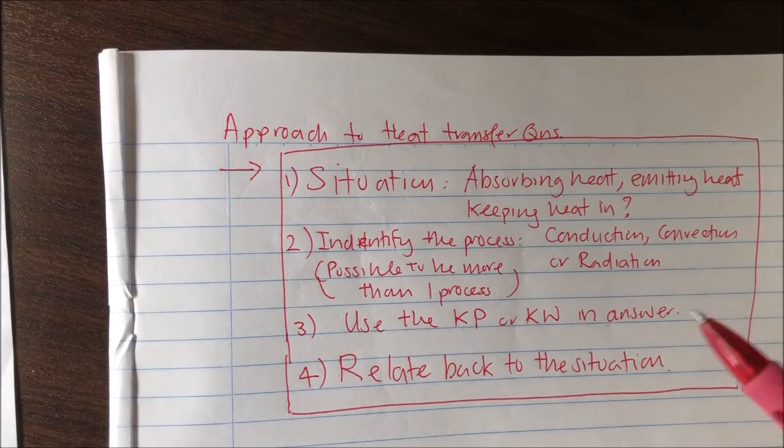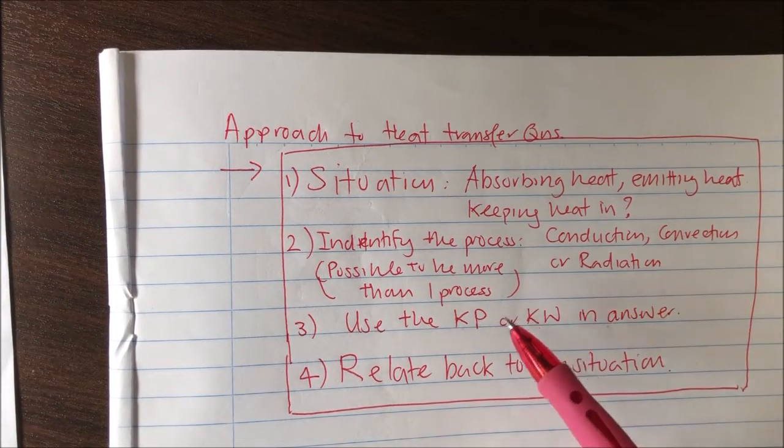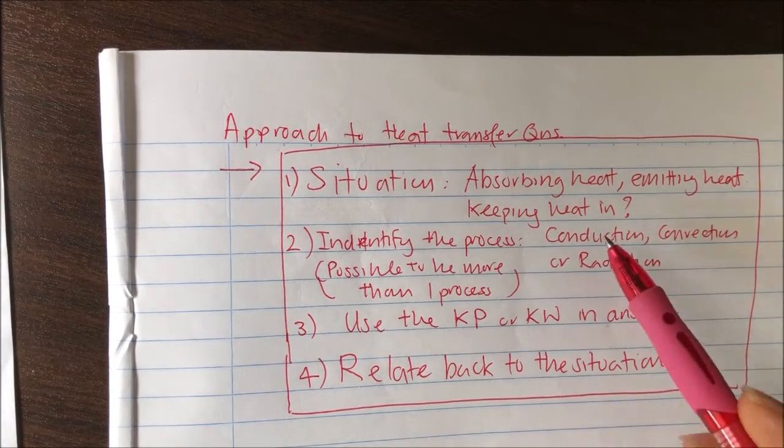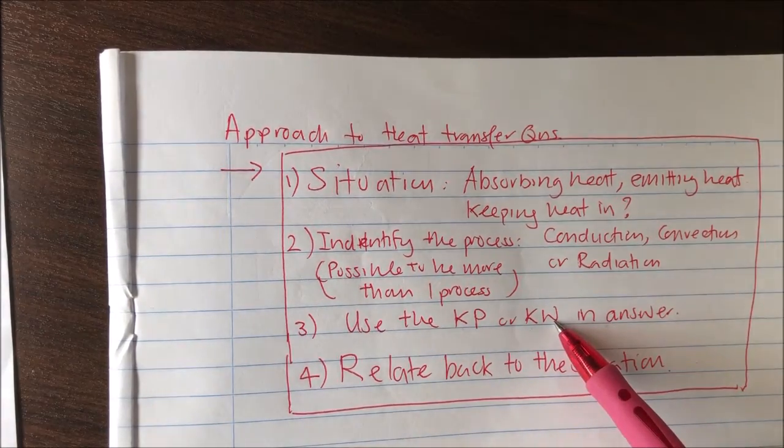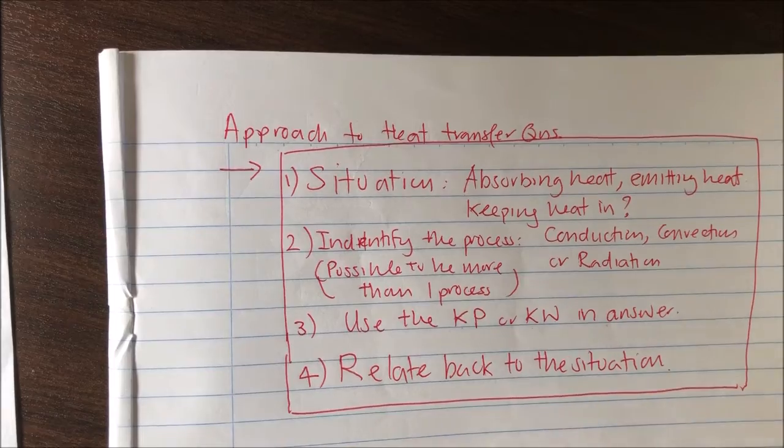If the question is all focused on conduction, think about the phrases that you want to use in conduction. If it's about convection, think about the keywords you want to use, like less dense, more dense, and convection current.